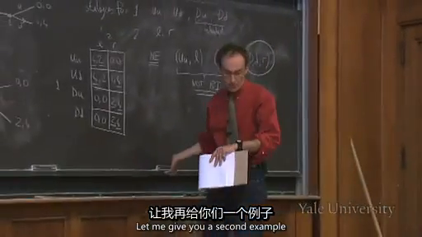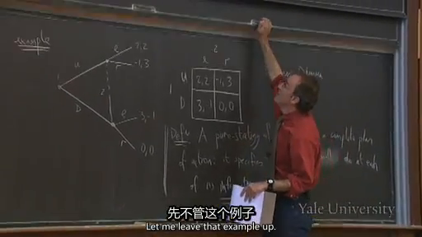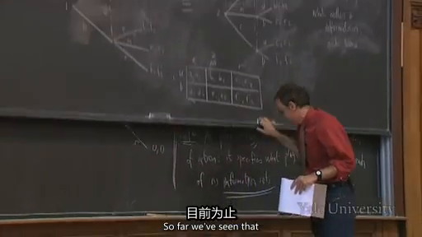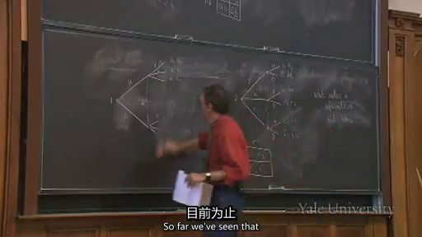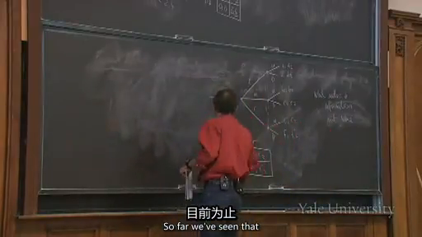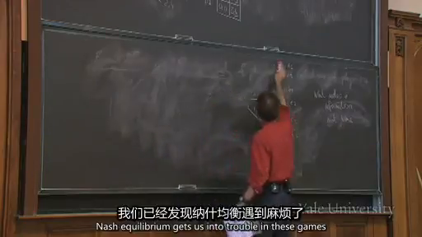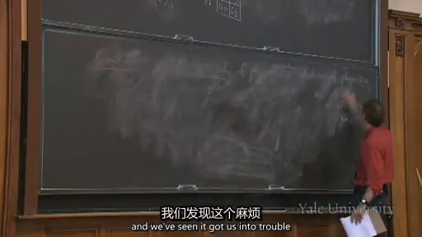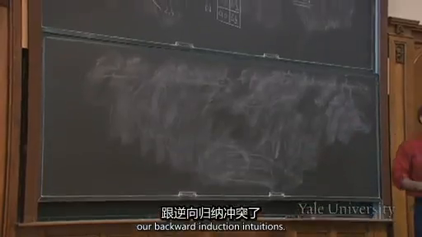Let me give you a second example, if that example wasn't yet convincing. All right, let me leave that example up. So far, we've seen that Nash equilibrium gets us into trouble in these games, and we've seen it got us into trouble because it basically conflicted with our backward induction intuitions.